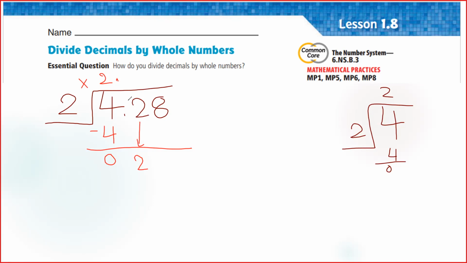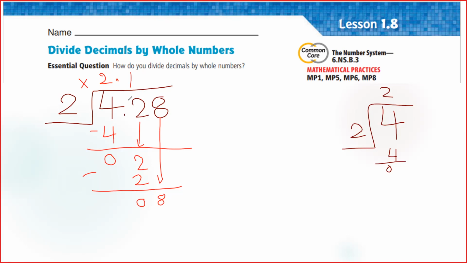2 divided by 2 is 1. Good job. 1 multiplied by 2 is 2. Bravo. Then 2 minus 2 is 0. Then I will bring the 8 down. Remember, as we did in the long division for whole numbers, we have to do the same in the decimals.